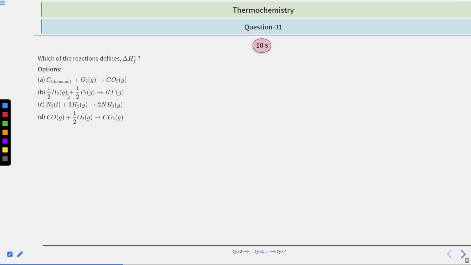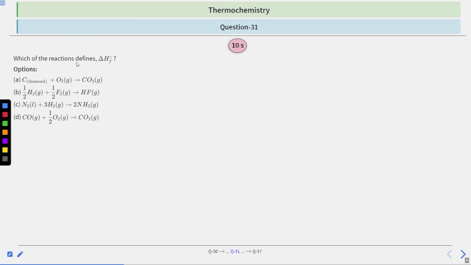Okay, let's move to question number 31. Which of the reactions defines the standard enthalpy of formation? We have to choose from these 4 options.